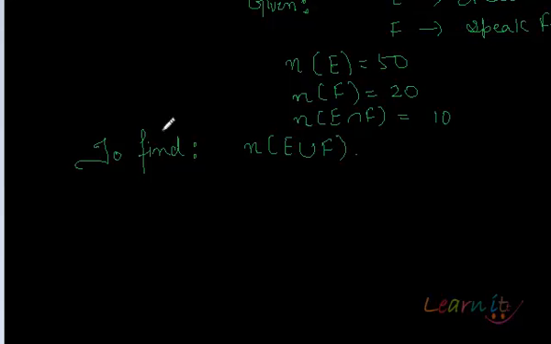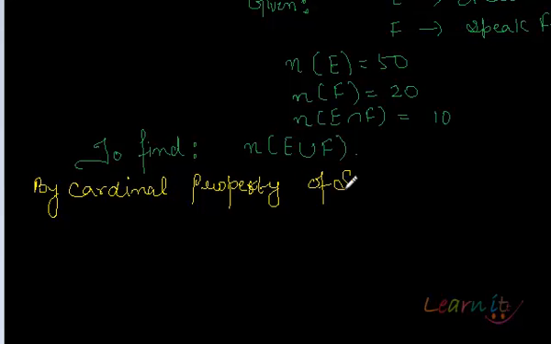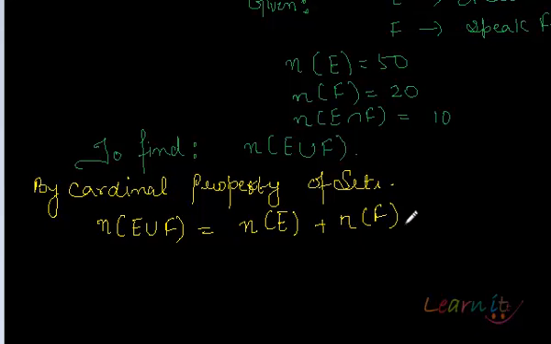Okay. Now by cardinal property, sets have a cardinal property. So by that, you know that n(E union F) equals n(E) plus n(F) minus n(E intersection F).